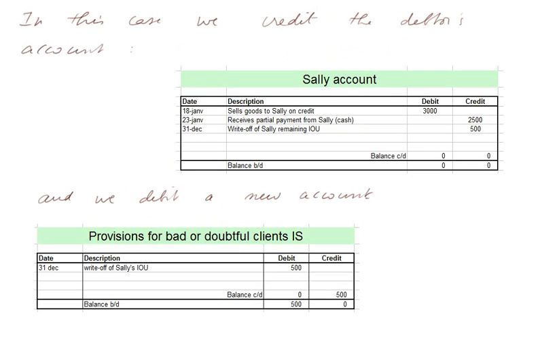So in this case, we credit the debtor's account, which in our example is Sally's account, credit 500 euros. That will somehow cancel the last 500 euros she owed us. And we debit a new account called provisions for bad or doubtful clients. Debit 500 euros.